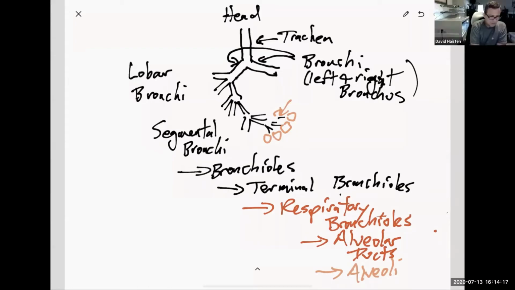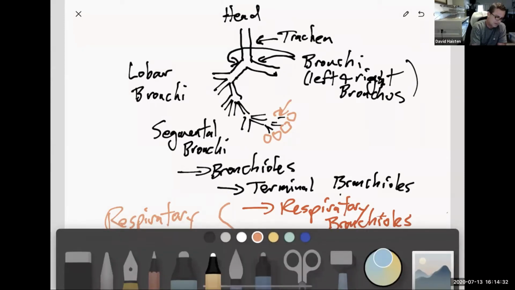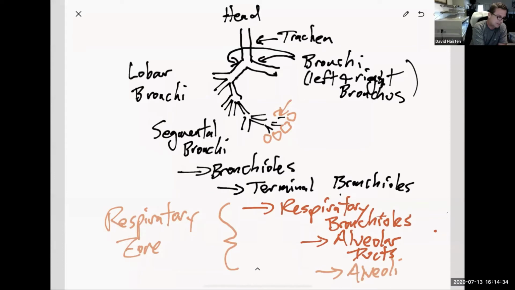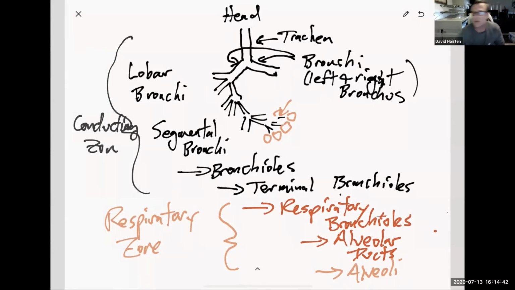So what I wrote in red and orange here, this is the respiratory zone. And up above, everything in black is the conducting zone. I don't care about upper or lower conducting zone. Who cares?